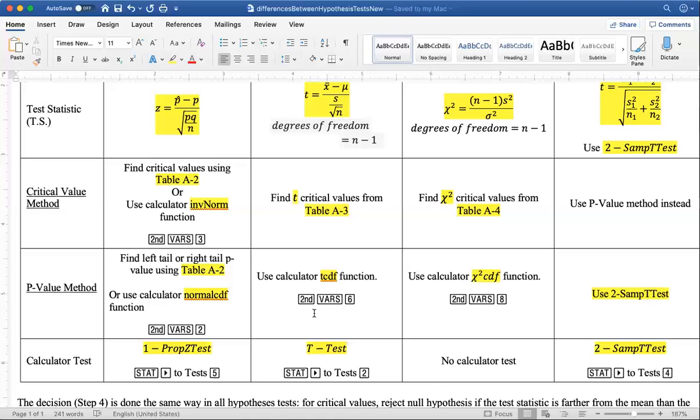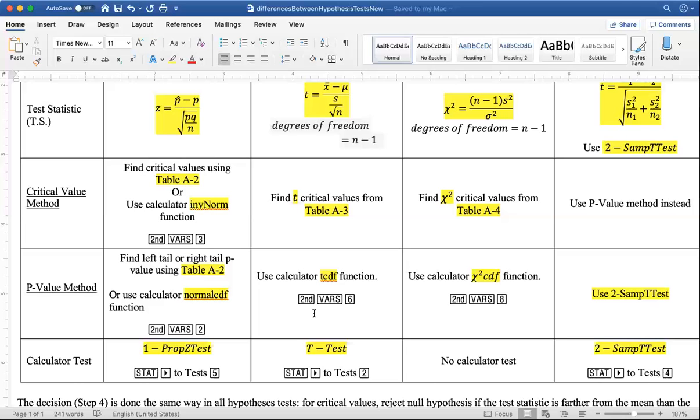And by the way, the chi-squared function starts at 0 and goes to positive infinity, so it has no negative values. The mean of the chi-squared is the degrees of freedom, sample size minus 1. So everything is relative to that mean rather than relative to 0, which was the mean for the proportion and mean test.